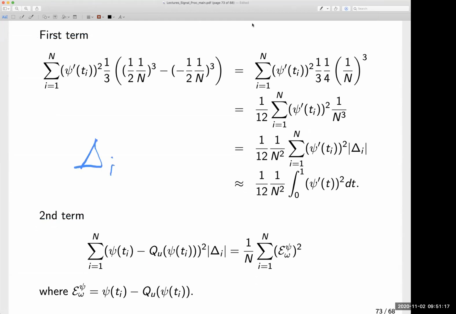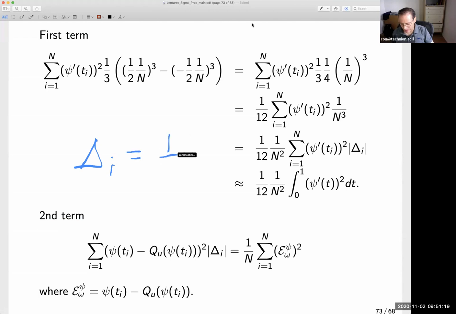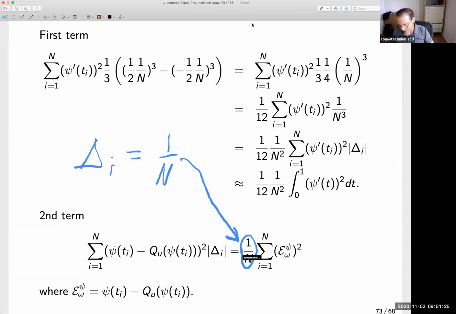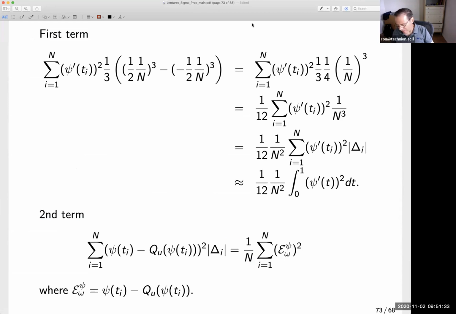Delta I is nothing but 1 over n. Okay, so this is where it went. This is my delta I, basically. Why? Because we uniformly sample the x-axis, the time axis. And obviously I'm summing over the value quantization error through all the values of n. So this is why I sum over all the values of n.